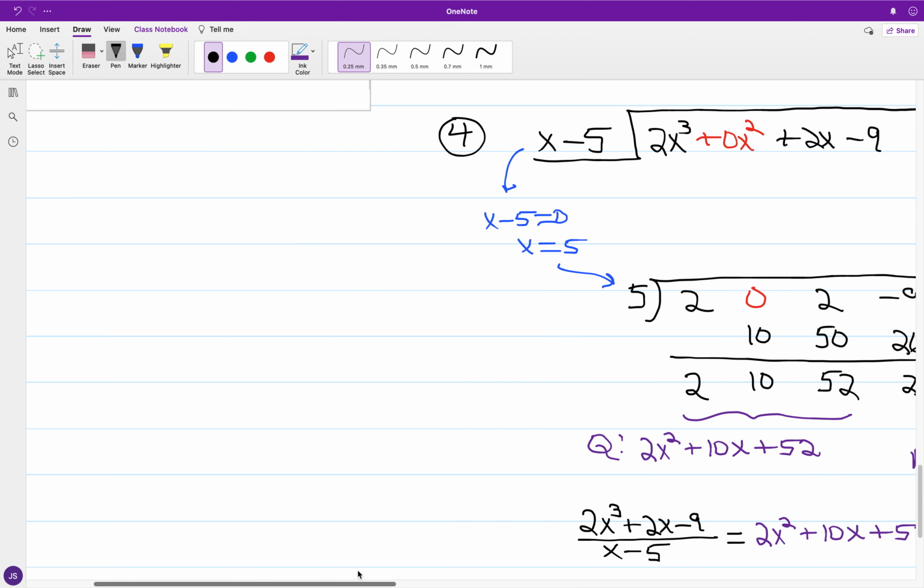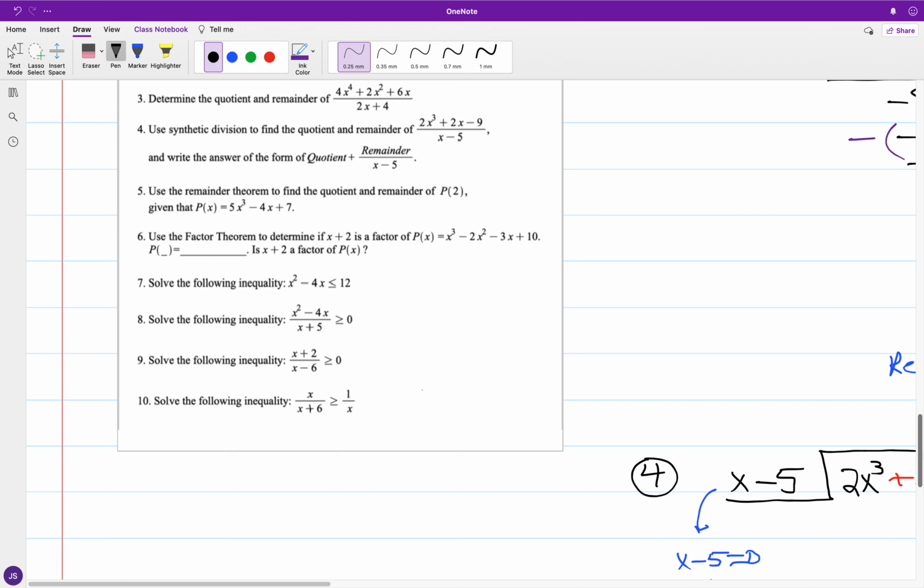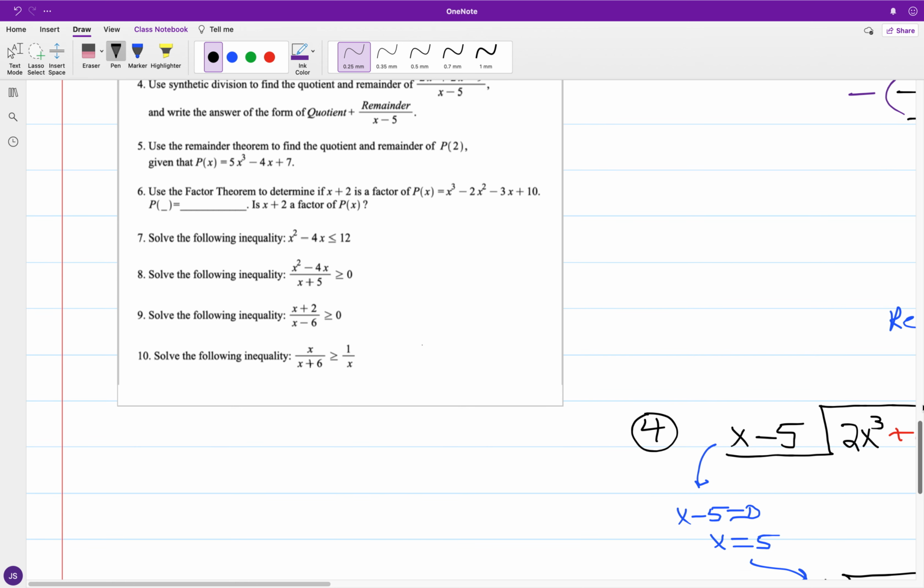And for number 5, it says to use the remainder theorem to find the quotient and remainder of P of 2, given that p of x is equal to 5x cubed minus 4x plus 7. Again, we have p of x, 5x cubed minus 4x plus 7, and we have p of 2.